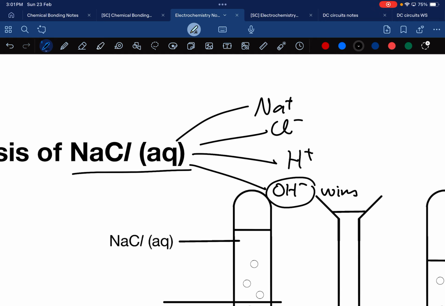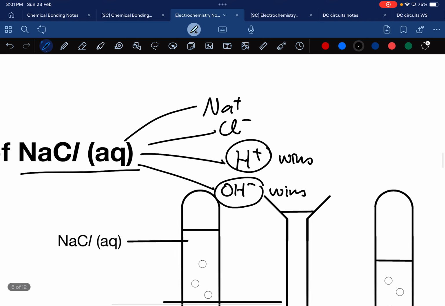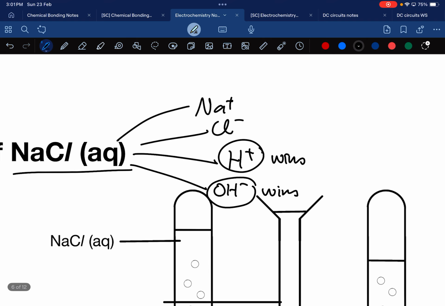Hydrogen will take priority because it is less reactive. Did you copy down the hack? Do you understand the hack? Okay, hydrogen will always win unless the other one is less reactive than it is. Understand? Sodium is very reactive, so it most likely won't win.